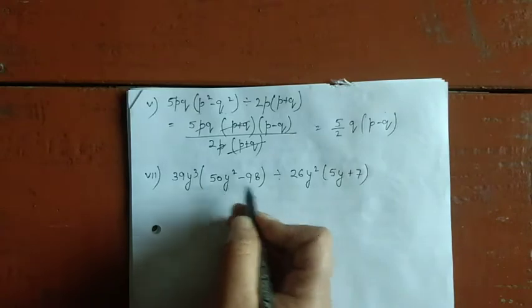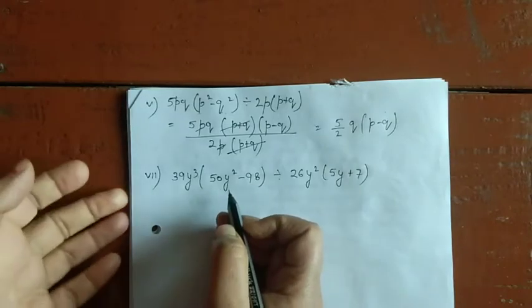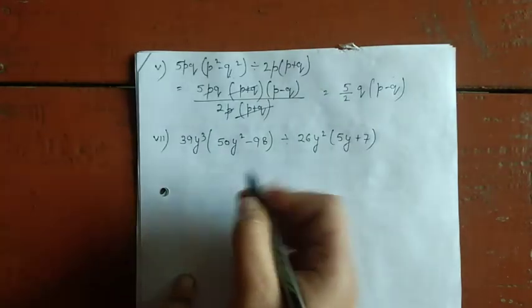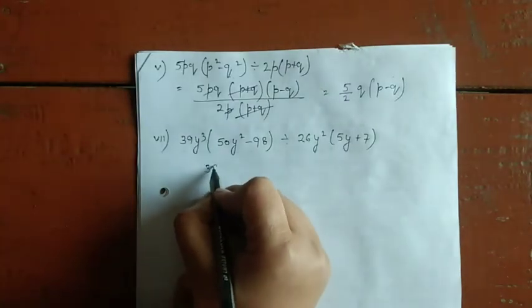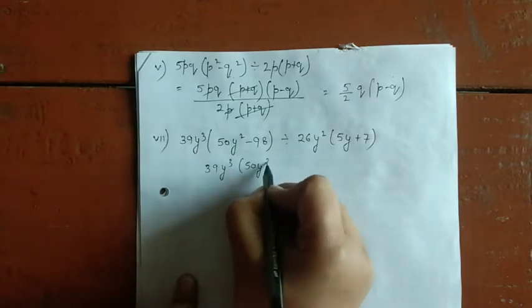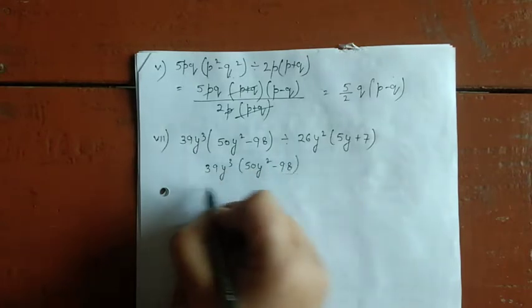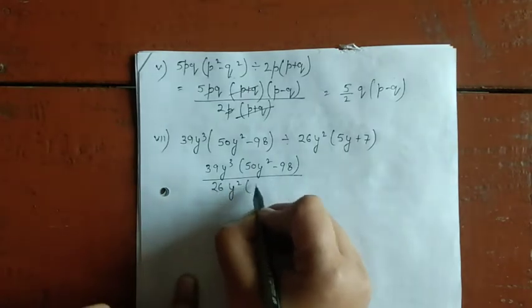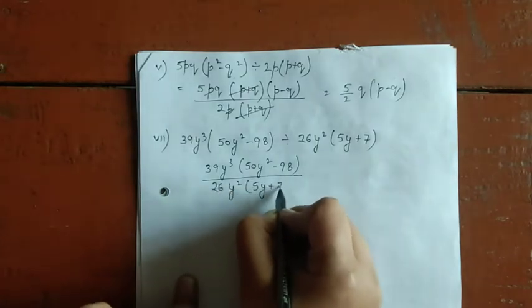So just see, here we have two terms, so we will check whether it is a square of something or not.